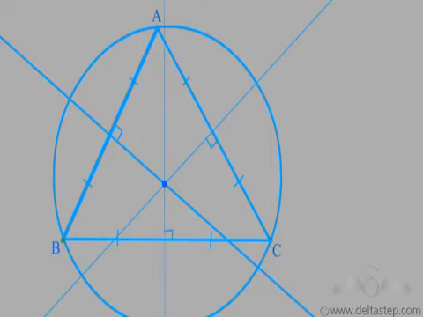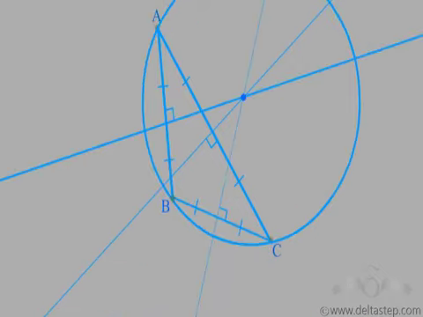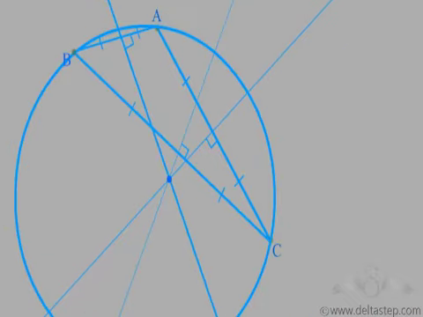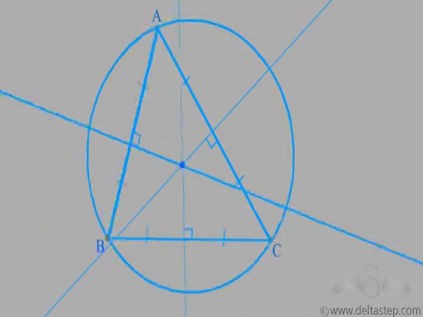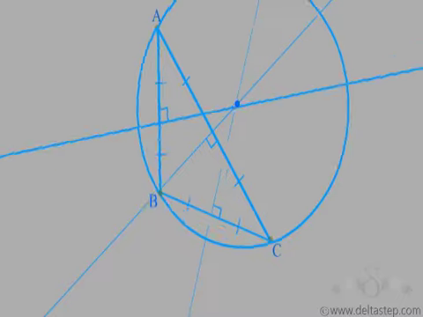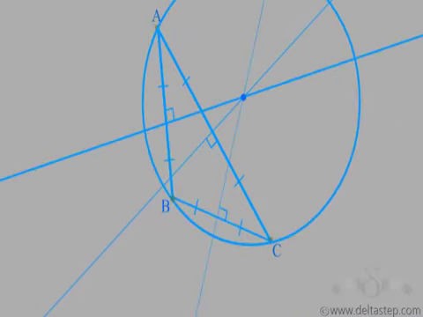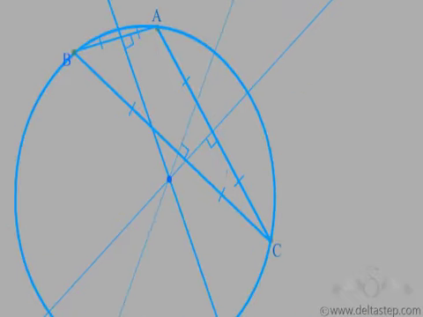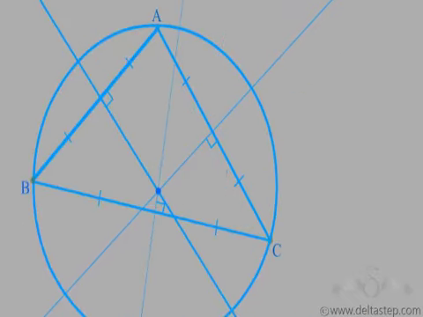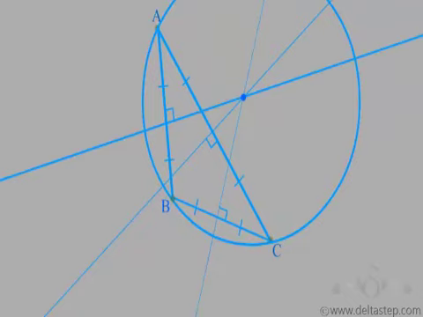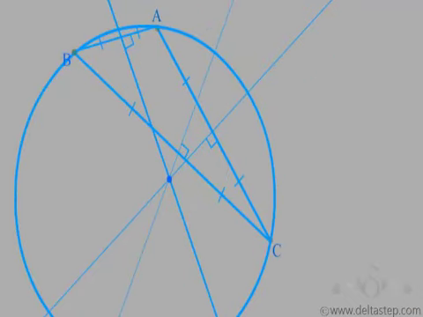So even if you try to move this triangle or make any triangle, you will see that you would always get a circumcircle. So even if the circumcenter is outside, you can make a circle that touches all the points of this triangle, circumscribes it, or whether it's inside, you can always make a circle.